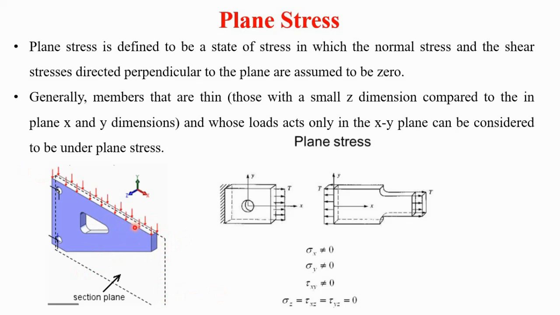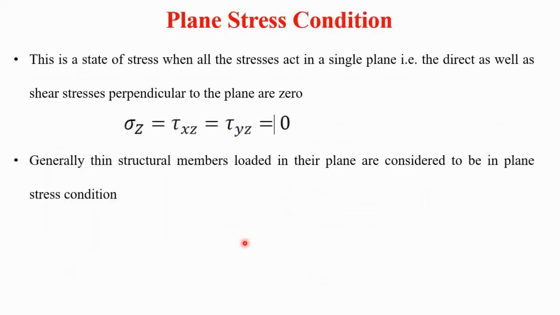This thickness is very small compared to the width and height. So in such cases plane stress will be there, that means the perpendicular stresses will be 0. It is assumed that there is no direct or shear stress in the perpendicular plane. So this is the case of plane stress.